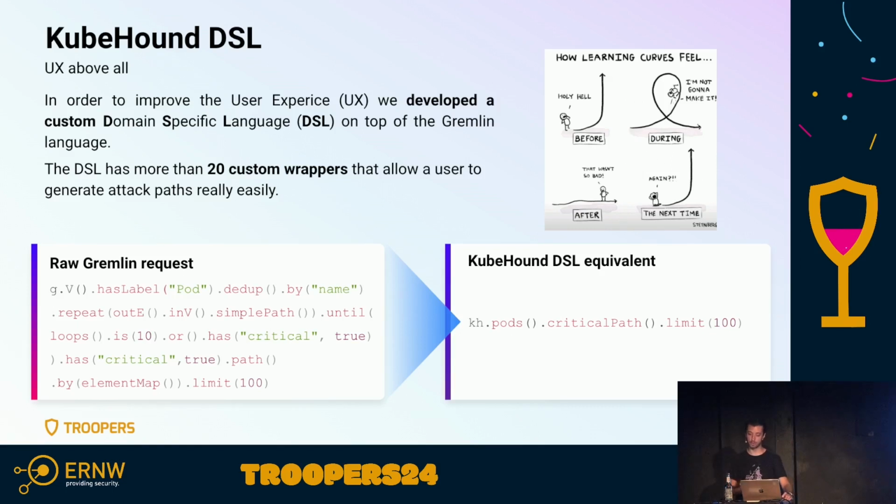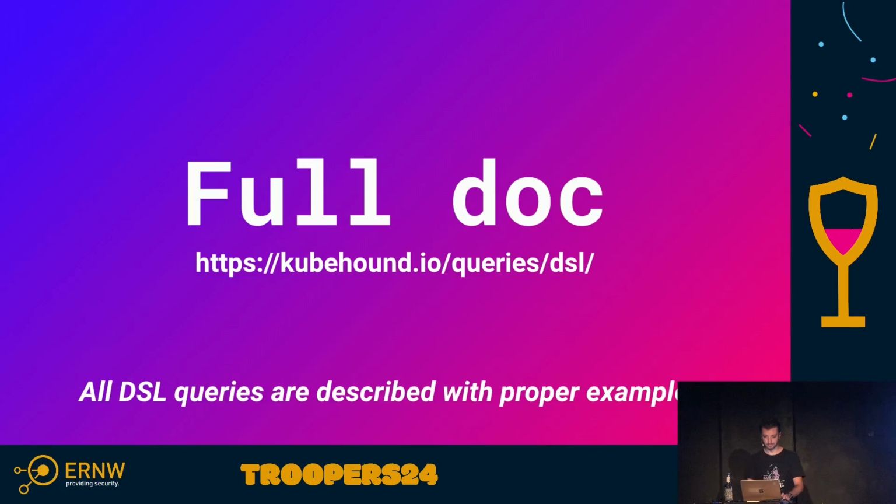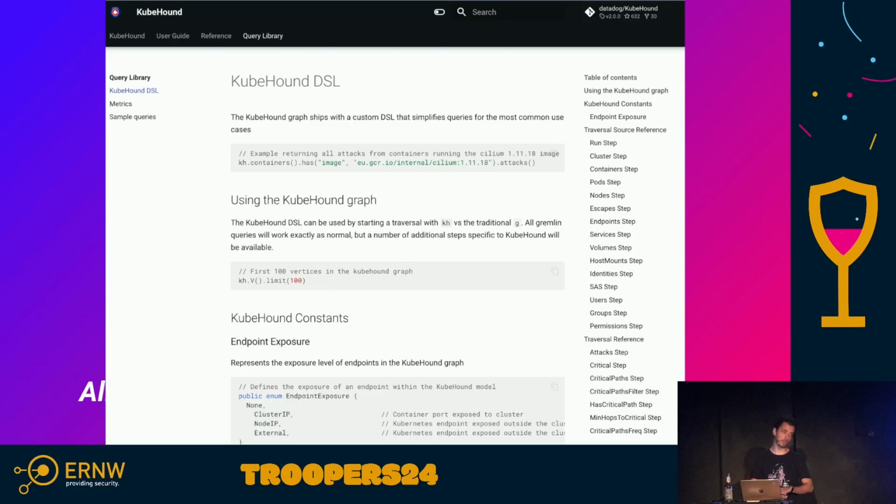From all the pods, I want the critical path. And I just want the first 100 of them, because for performance reasons I want to limit the scope. But try to read the one on the left. Well, good luck. We documented everything on our website. We have documentation of all the DSLs that you can use in the model, and we try to put concrete examples so it is easy for you to use.